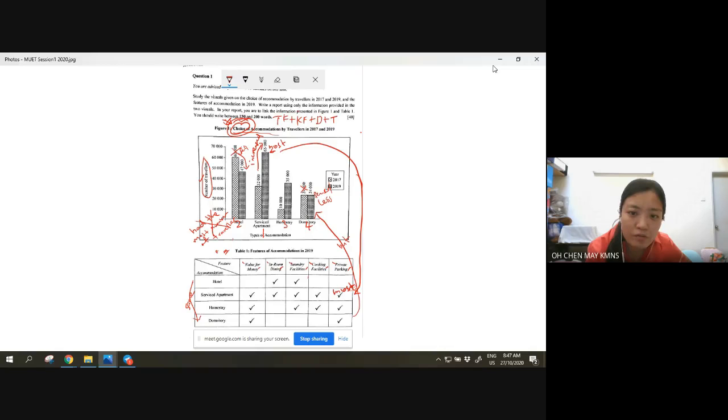Okay, so you guys write the sentence. Don't worry, later I will post this. At the end of the lesson, I'll post this up in your Google Classroom so you can still see the sample and all that.